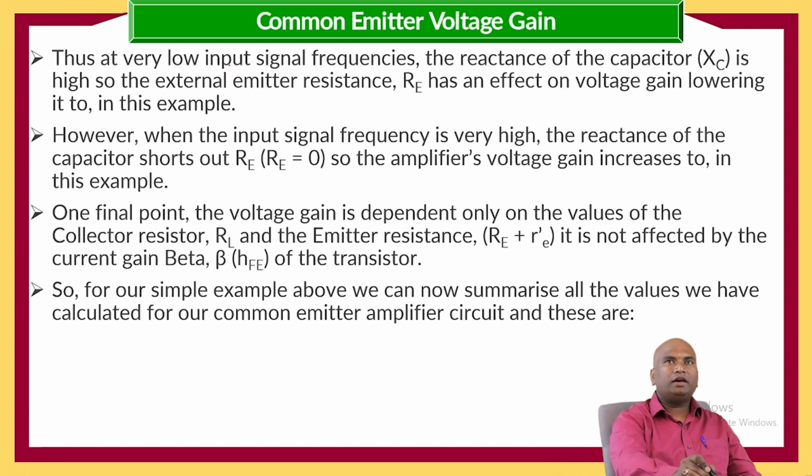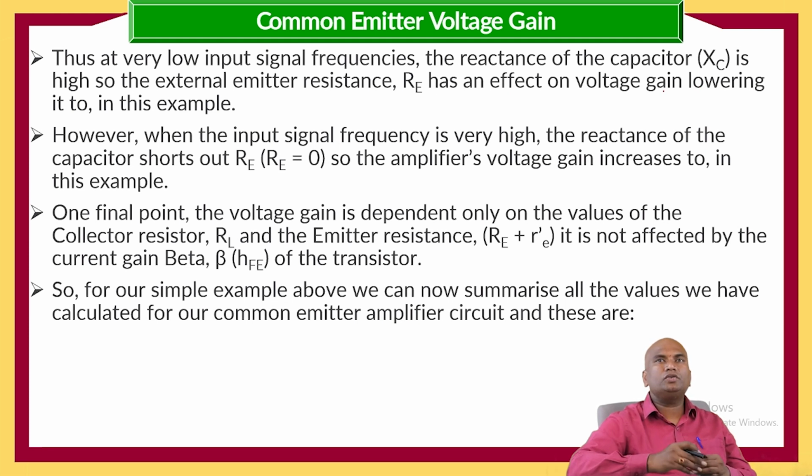Thus at very low input signal frequencies, the reactance is high. So the external resistance RE has an effect on the voltage gain, which reduces the voltage gain in this example. However, when the input signal frequency is very high, RE value is 0, and the voltage gain increases.